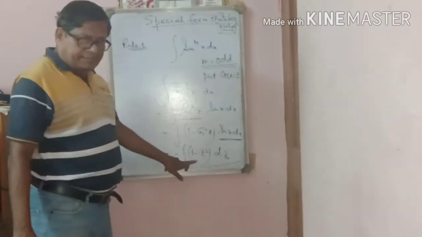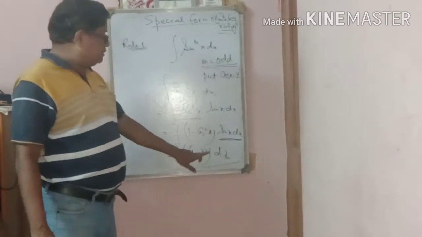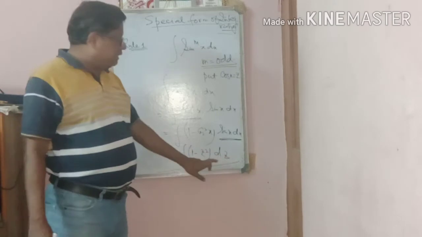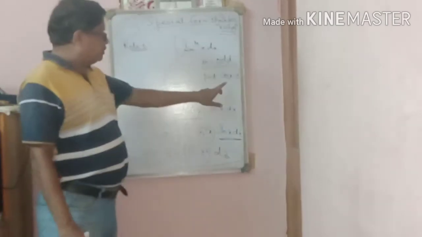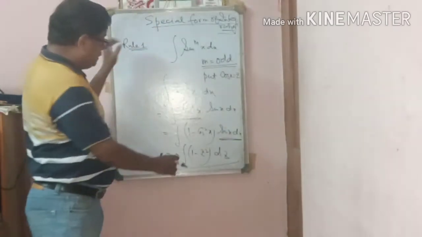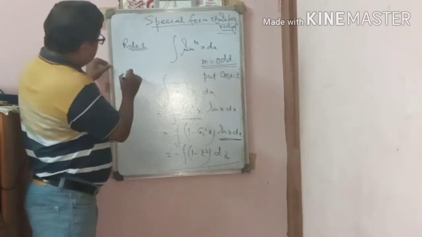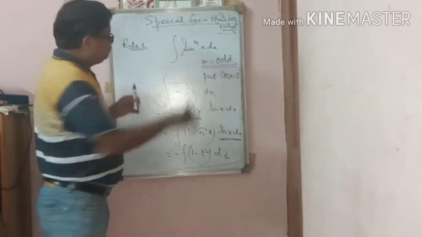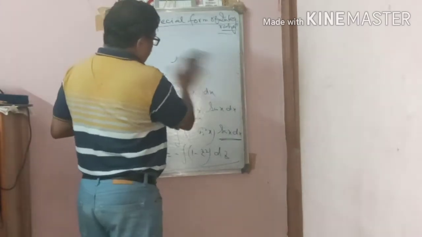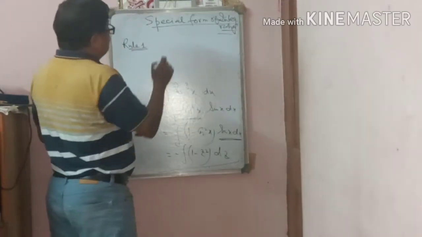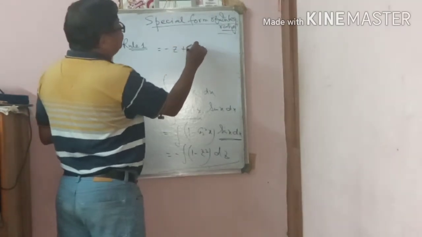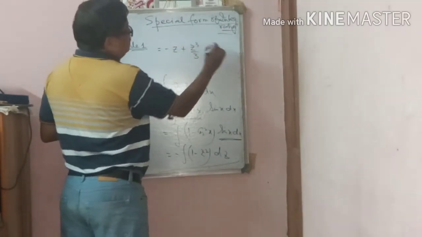It will be z minus z cube by 3 plus constant c, and you put back the value, that is cos x. So with the minus sign, this is minus z plus z cube by 3 plus c.